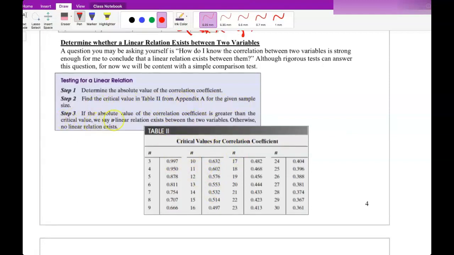And step 3, if the absolute value of the correlation coefficient is greater than the critical value that we have here from this table, we say a linear relation exists between two variables. Otherwise, no linear relation exists. This one is important. So if it's greater than, then we have a linear relation. If not, no linear relation.